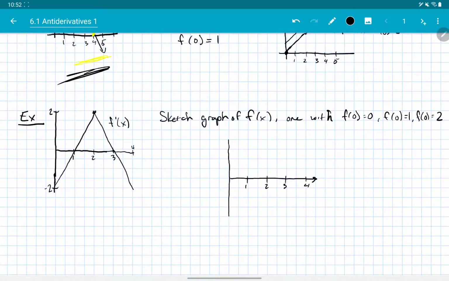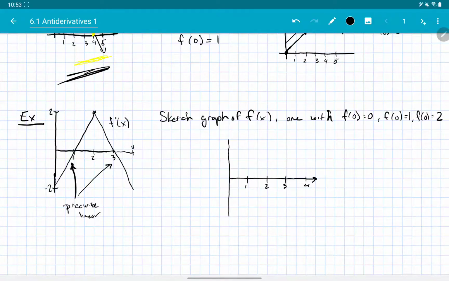All right, now note that the function f prime is piecewise linear. By that I mean piecewise it's a straight line. Now straight lines are something times x, right? Something times x happens to have as its antiderivative something times x squared.